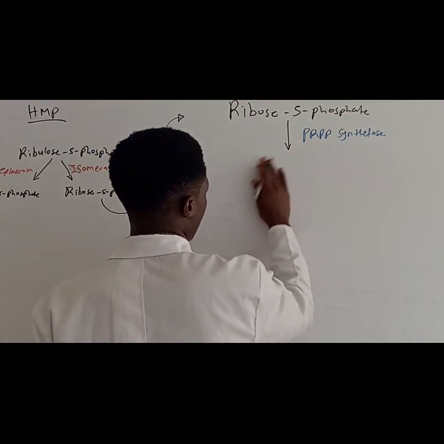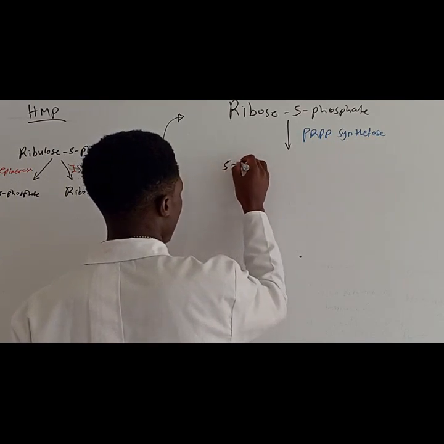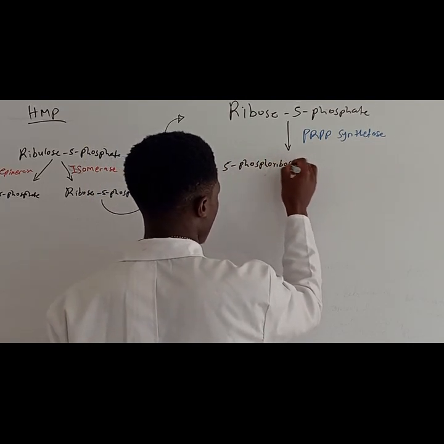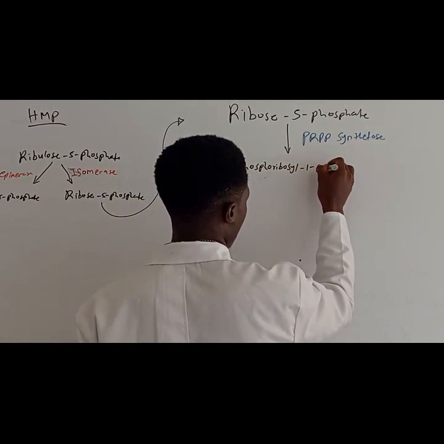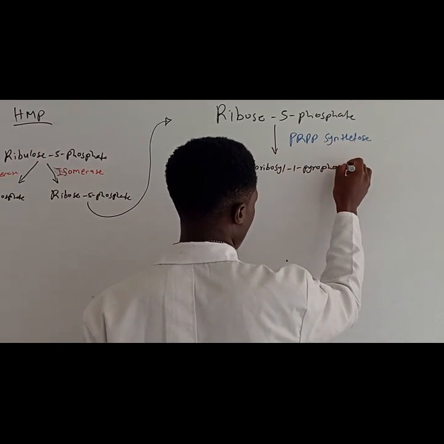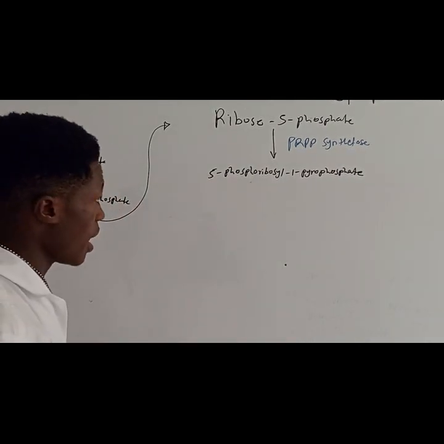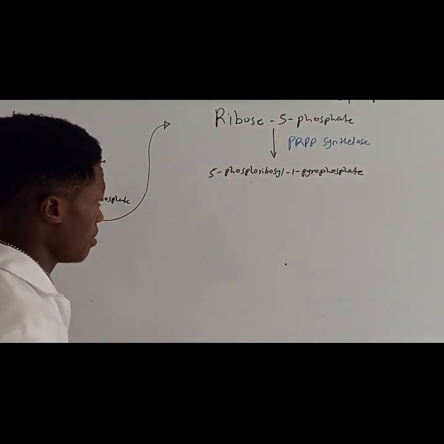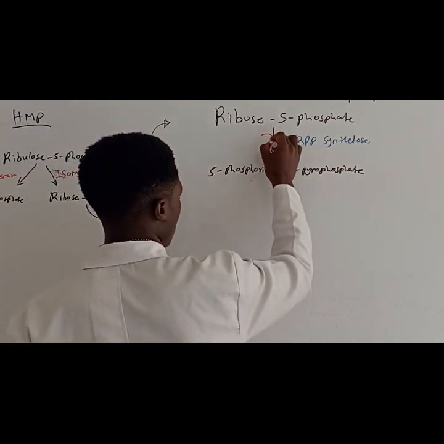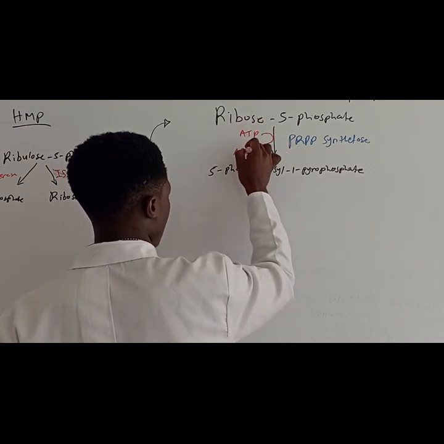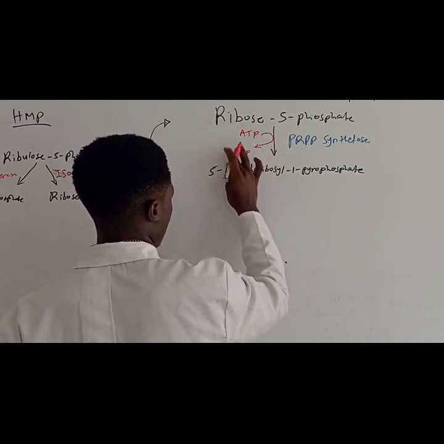Let me write it in full. Now, this reaction requires some energy in the form of ATP. So we're going to have ATP, then we convert it to AMP plus pyrophosphate.